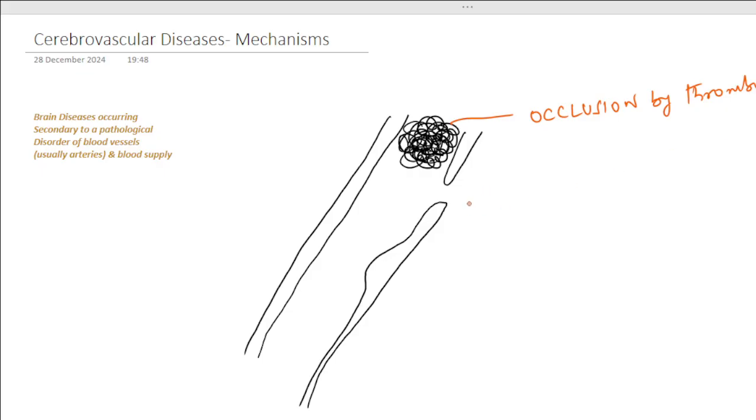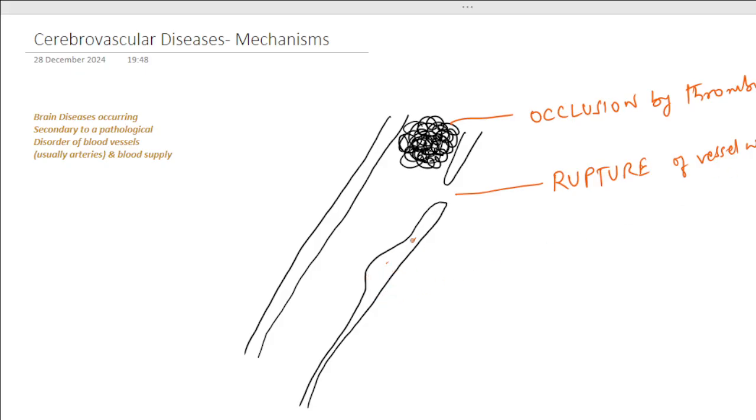Clear? What is this? This looks like a break from the continuity of the blood vessel. It's a kind of breakage, so we will say rupture of the vessel wall, basically arteries, but we cannot discount other kinds of blood supply as well.